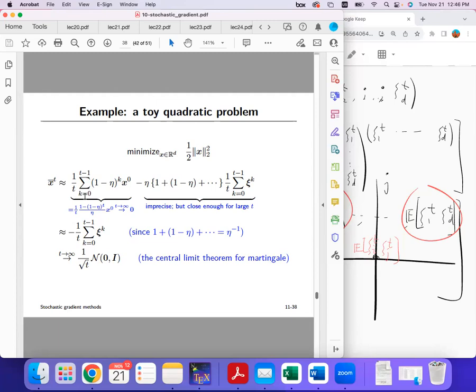For the rest of the terms, this is an approximation. It is imprecise, but it is a very good approximation for large t. These terms roughly equal the average of all the noise multiplied by some constant coefficients.